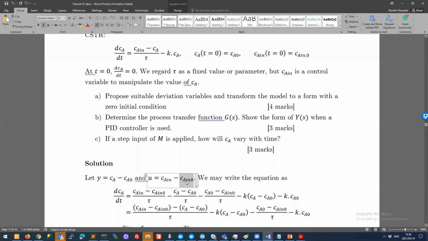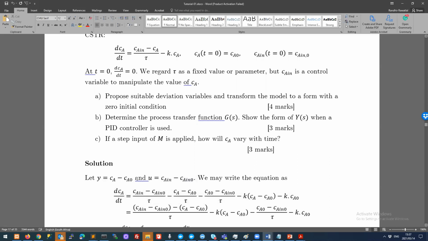It's not zero, but it's some value such that the system was at steady state when it was that value. So the departure from that initial inlet steady concentration, the difference between your current inlet concentration and that initial one, we call U. So these are both deviations. Y is the deviation in the reactor from its initial steady state, and U is the deviation of the inlet concentration away from its initial, which was steady, value.